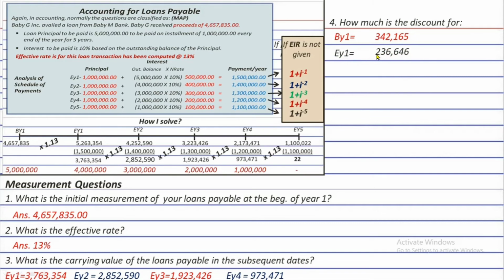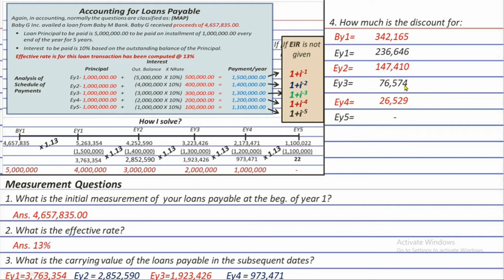It became 236,646, which is again the difference of this 4 million and this 3,763,354. And at the end of year 2, the balance of the discount became lesser again, it's already 147,410. And at the end of year 3, the balance became 76,574.